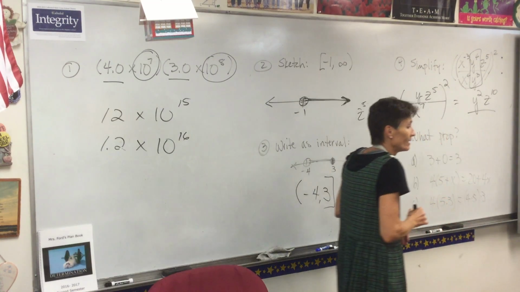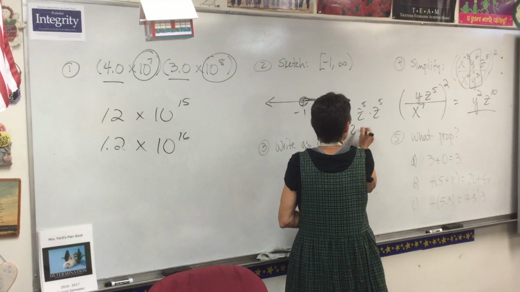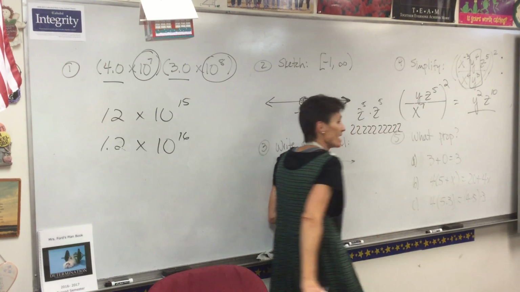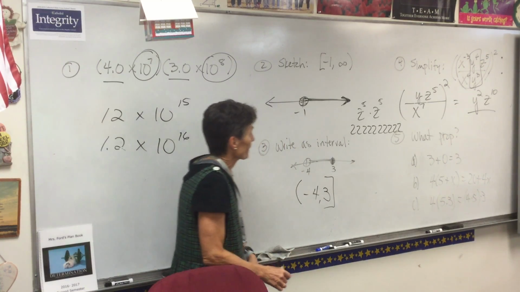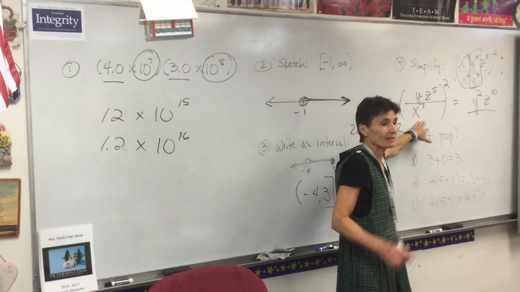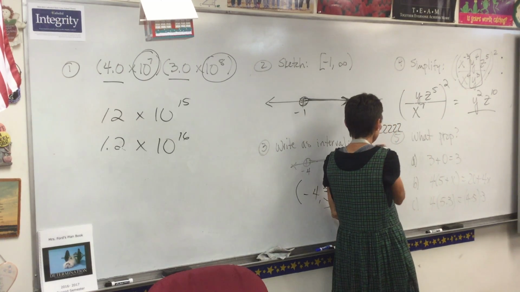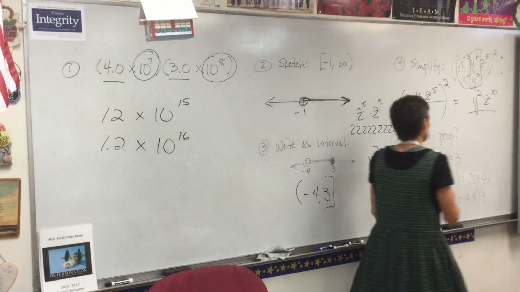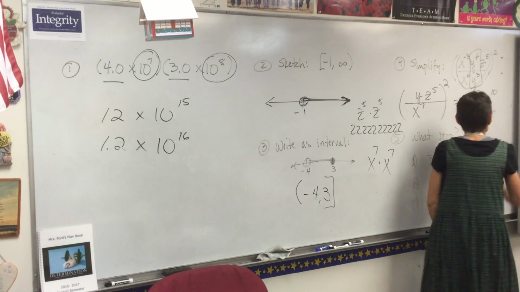There's 10 of them. Same thing down here. We got x to the 7th times x to the 7th. That's x to the 14th.